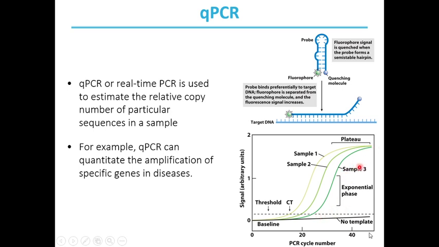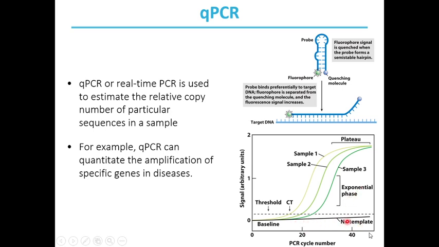This happens as one or more reaction components become exhausted. When a segment is present in greater number than another, its amplification reaches a defined threshold level earlier. For example, sample 1 reaches the threshold much earlier than sample 3. This means that sample 1 has a higher amount of the sample present in the reaction mixture.